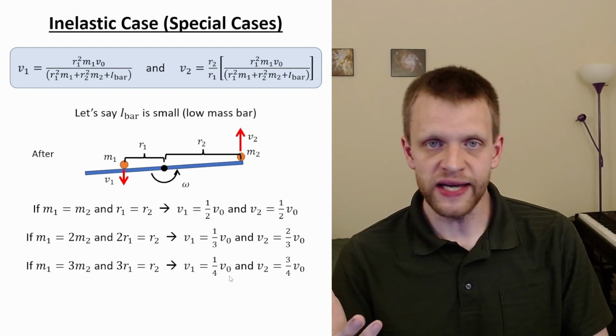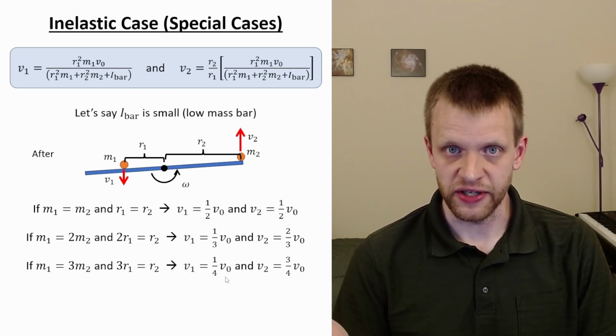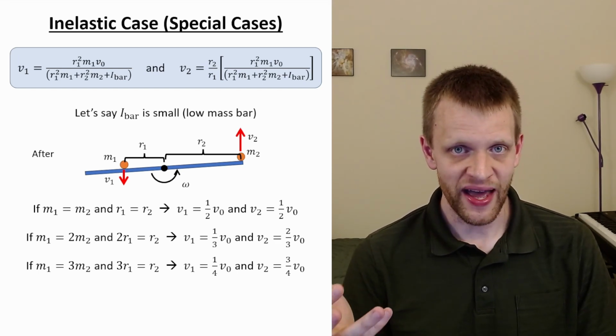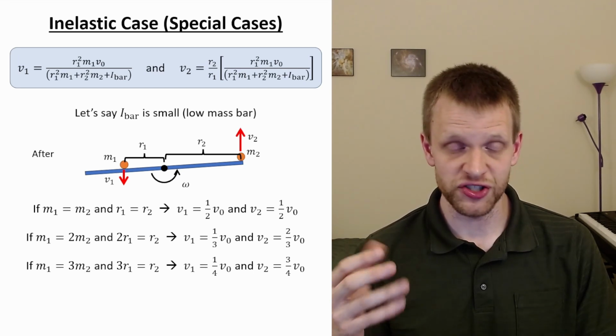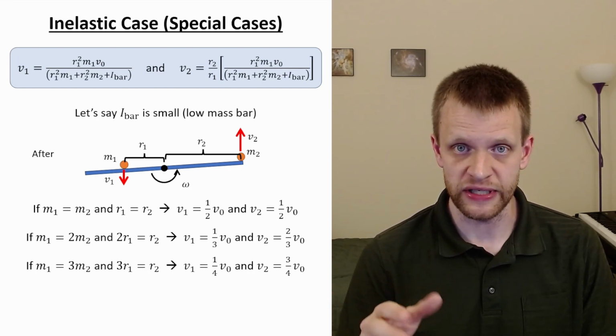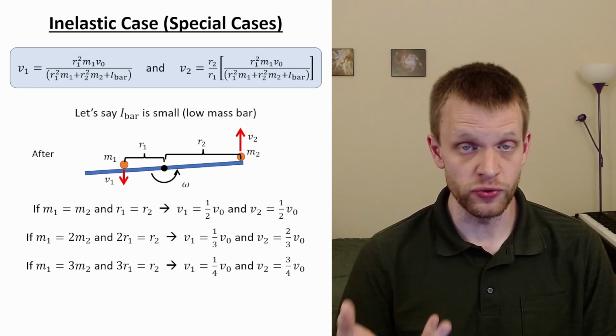Again, these are cases that we are going to be testing. Right now, these are predictions, and we should withhold judgment entirely, neither accepting nor rejecting them, until we actually do the experiment.